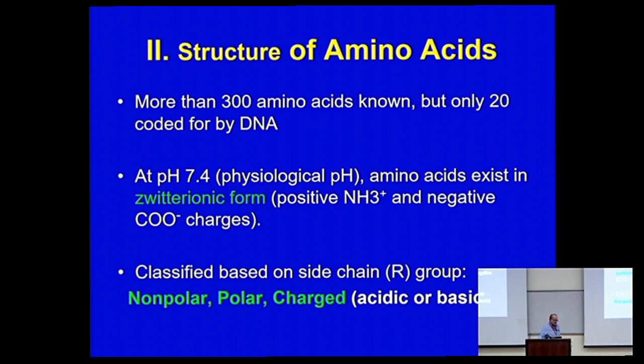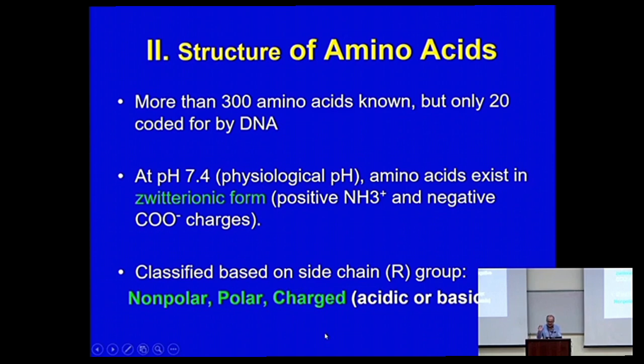The other important classification is based on the nature of the R group. If the R group is nonpolar in nature, then those amino acids become nonpolar amino acids. If the R group is polar, they become polar, and so on. There are two types of charged amino acids.